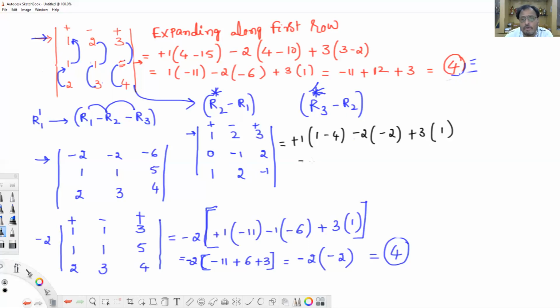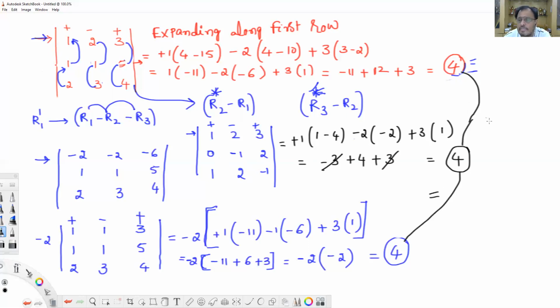So therefore here 1 minus 4 is minus 3, and plus 4 and plus 3. So 3 gets cancelled. The final determinant is again 4. See that? The value of the determinant is always the same every time.